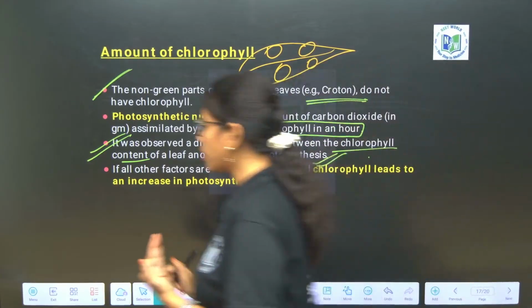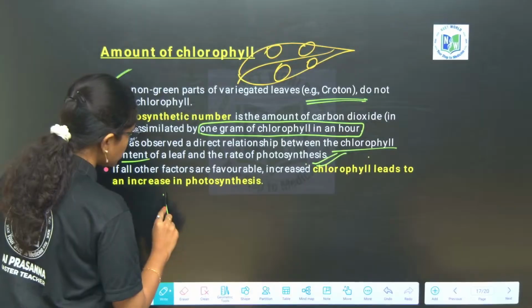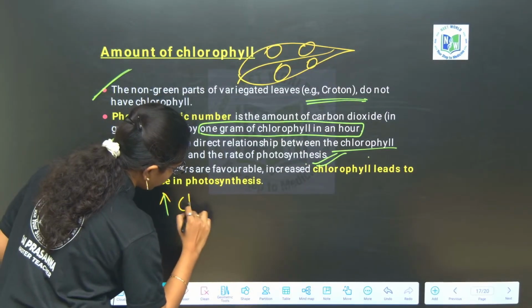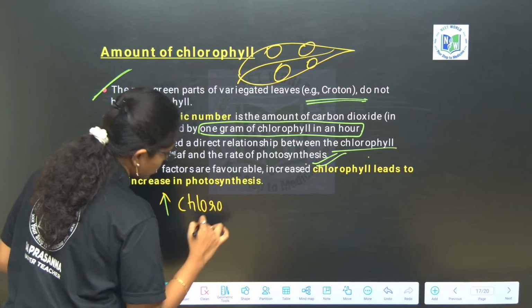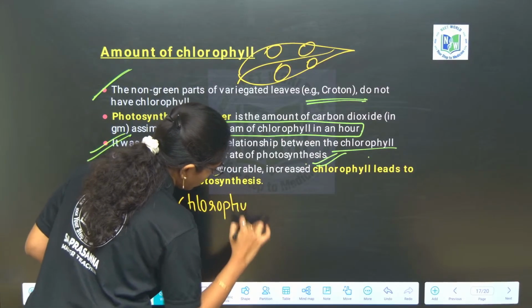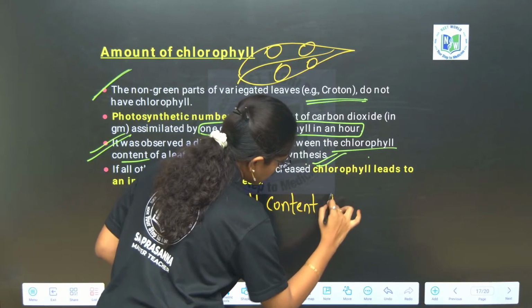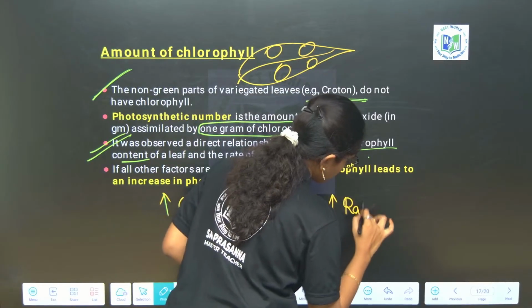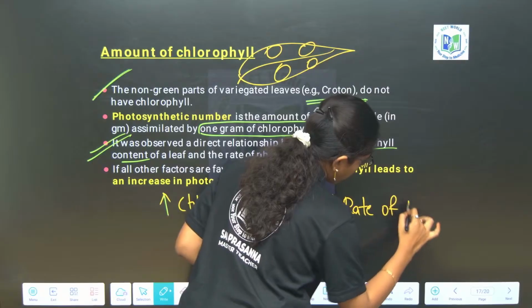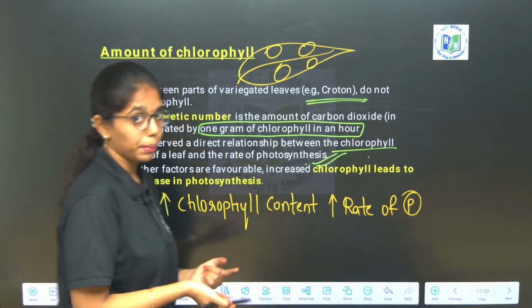So, increase in chlorophyll content will increase the rate of photosynthesis, or we can call it the assimilation number as well.